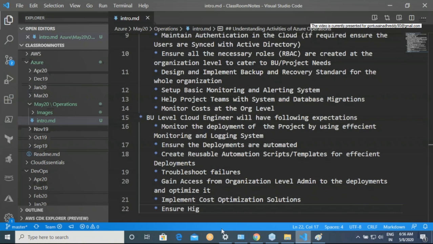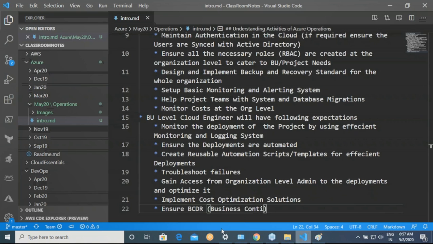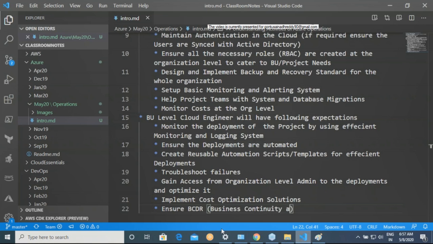Ensure BCDR, business continuity and disaster recovery, is set up.